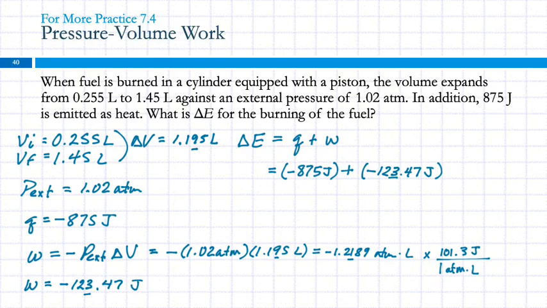So don't overthink this. Let your calculator do that for you. Minus 875 plus negative 123.47. This equals minus 998.47. Minus 998 joules.